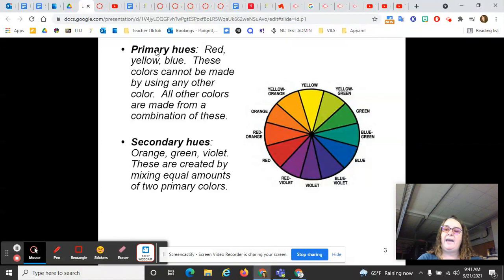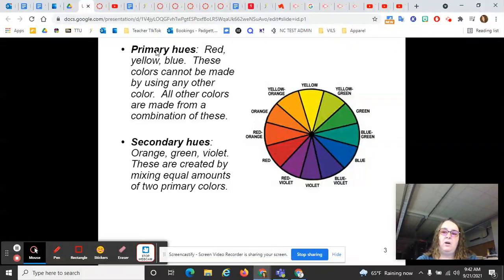So if I take red plus yellow, equal parts, I'm going to get orange. Yellow plus blue is going to give me green. And then blue plus red will give me violet. Okay, so those are our secondary colors: orange, green, and violet. You get them by mixing equal parts of your primary hues.